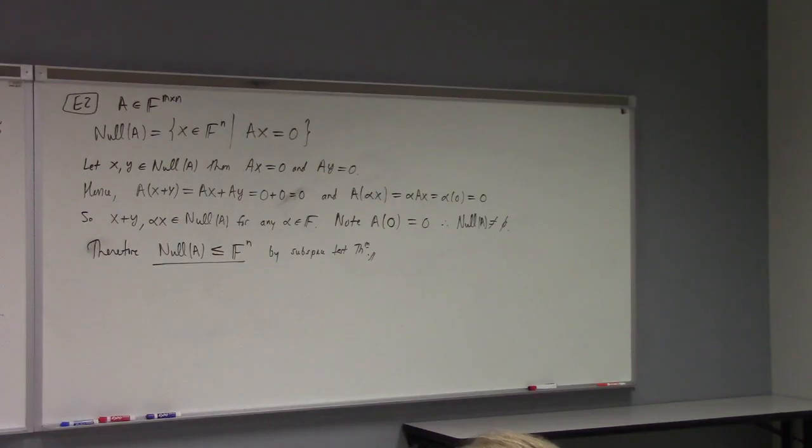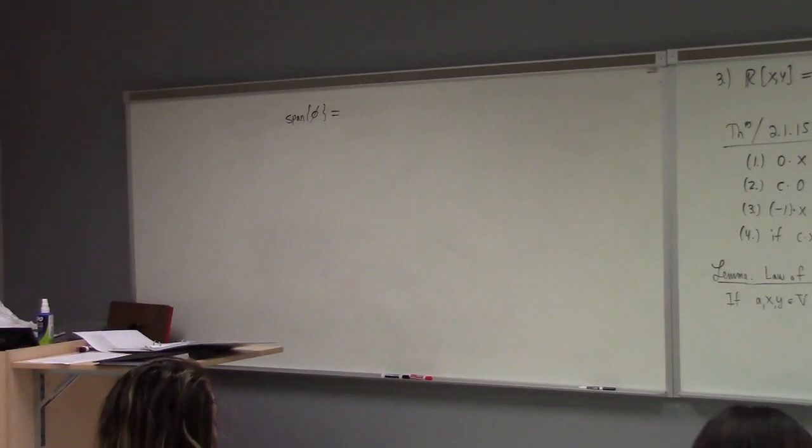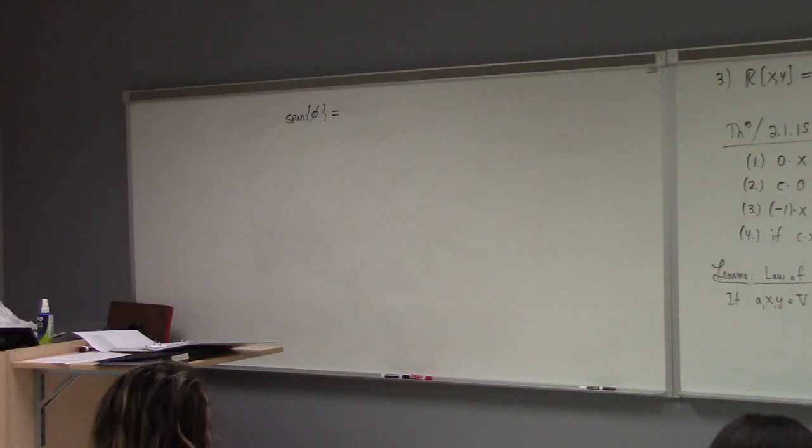What's going to be our definition of the span of the set containing nothing? The empty set? No, we don't want that. 0. Correct. That is what we need in order to not have exceptional cases in dozens of theorems.